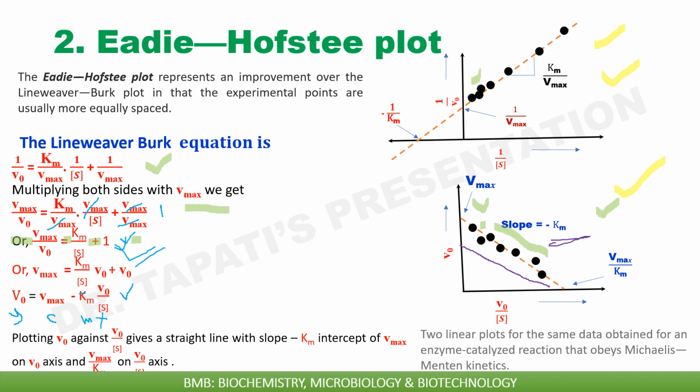It is written here, it is minus Km, and the intercept on V0 is Vmax.